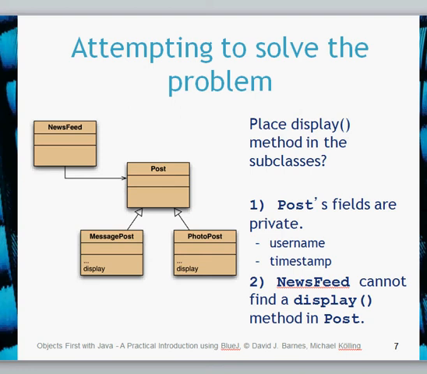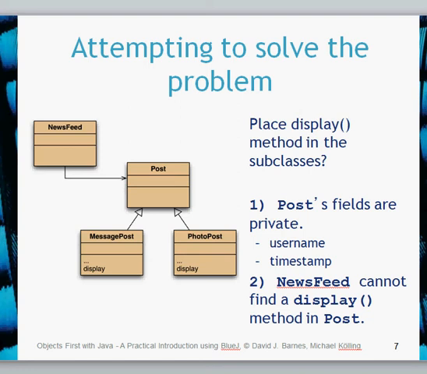Now the problem is, how do we get access to the username and timestamp? Because the username and timestamp are private fields stored in the post class. Only the post class can get access to those fields if they are private like that. Now we could make them public, but again that goes against our encapsulation idea, so we want to keep them private. So that's one problem.